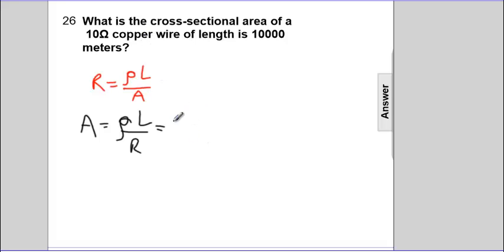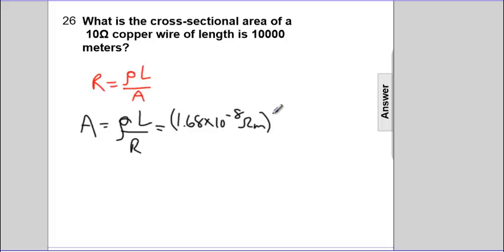Still dealing with our friend copper, happy and shiny. 1.68 times 10 to the negative 8 ohm meters times the length. Woo, that's a long spool of copper, 10K, 6 miles.